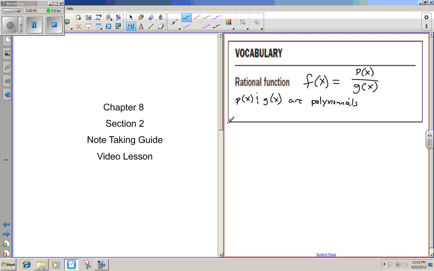They're all polynomials, and the most important part is that the denominator cannot equal 0. Hopefully you remember from domain and range that whenever a denominator is 0, it's undefined and therefore not part of the actual domain.